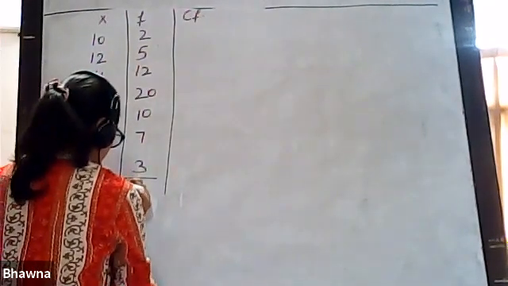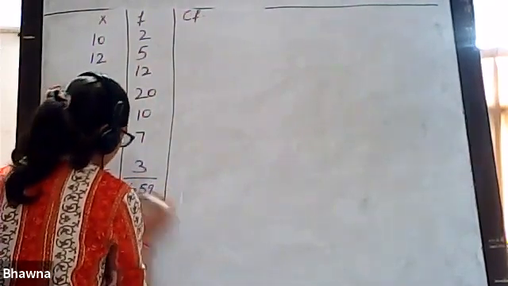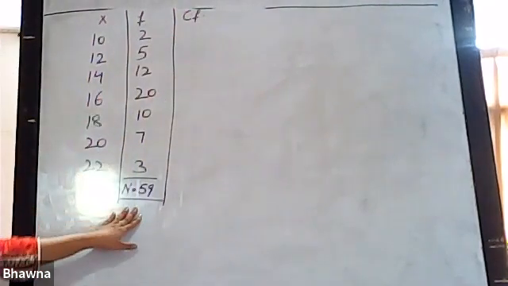Now n is equal to 59. We sum up all these values to calculate n. N is equal to 59.